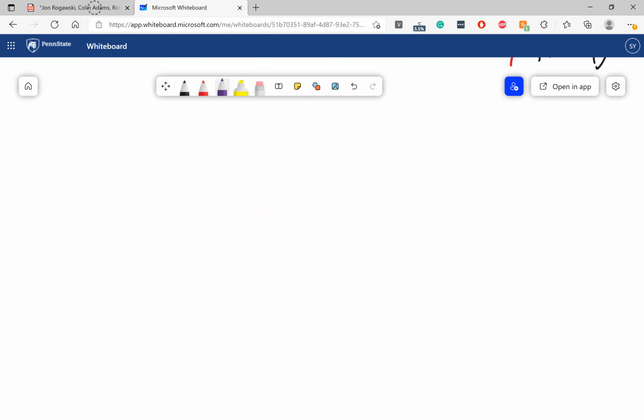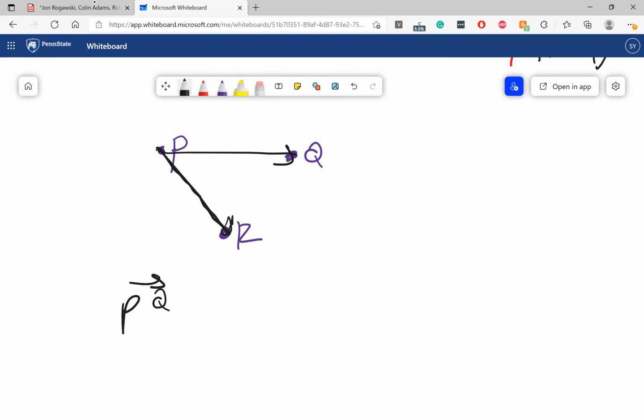So let's say I give you 3 points, P, Q, and R. Can anyone tell me a strategy for how to find the plane that goes through these 3 points? Yeah. Draw a vector from P to Q, and P to R. So the first vector we're going to call PQ, and the second vector we're going to call PR.